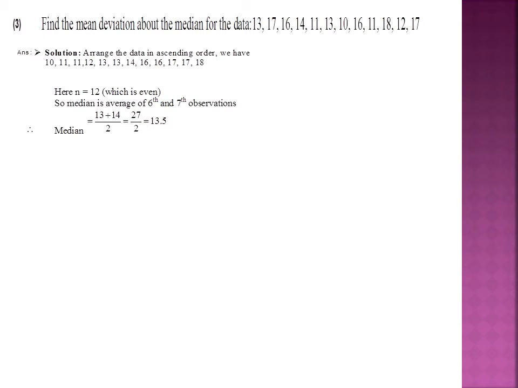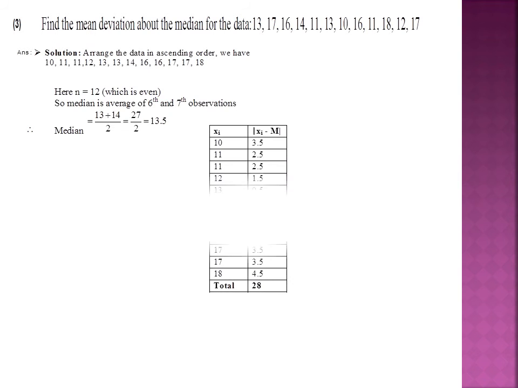Now I am writing all the observations in column form and modulus of xi minus M as well. So xi is 10, 11, 11, 12, 13 two times, 14, 16 two times, 17 two times and 18. Once again we are going to take only the positive difference.